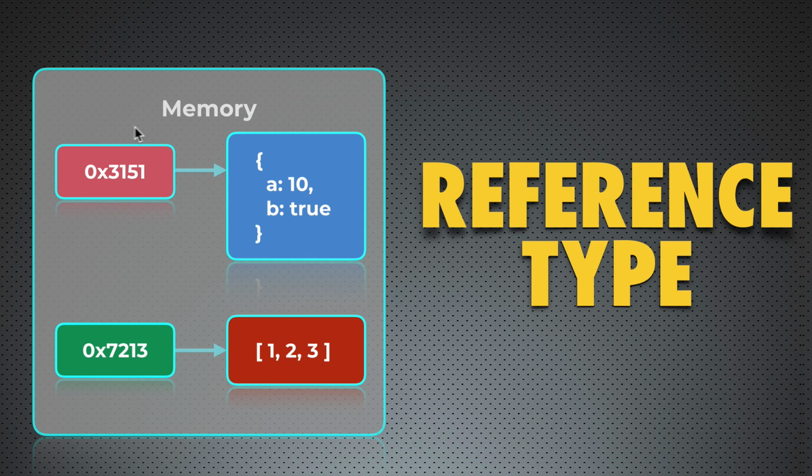Again, this cell on the left is called a pointer, and it simply holds the location of this object in memory. It means that this cell points to another cell in the memory. Same in the second example. Here is a pointer, and this pointer holds the location of this value. And this value also has reference type, that is object, same as in this example.